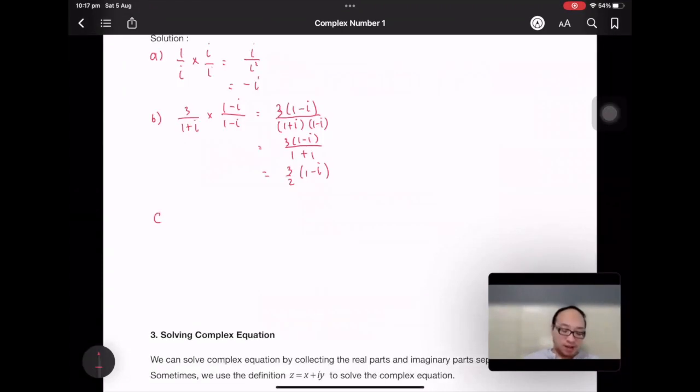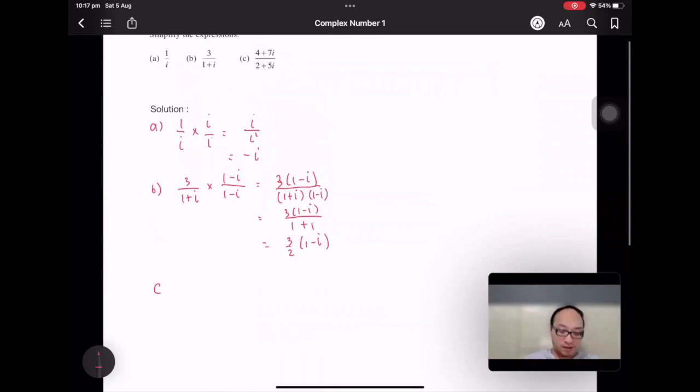And C, 4 plus 7i over 2 plus 5i. We have to multiply by 2 minus 5i over 2 minus 5i.